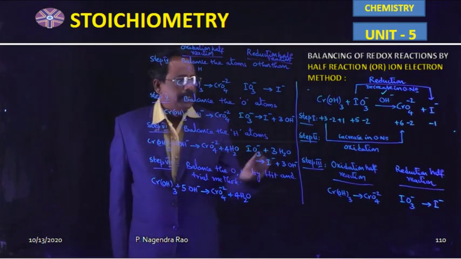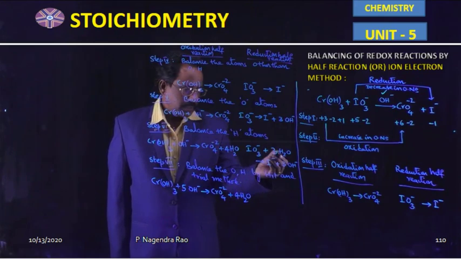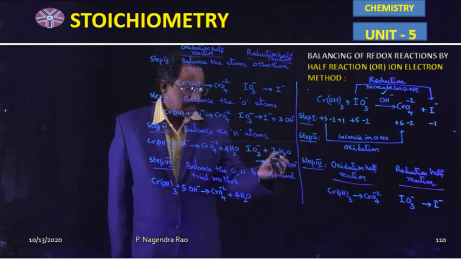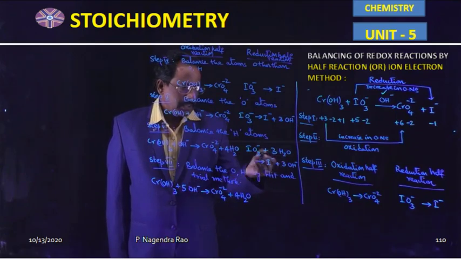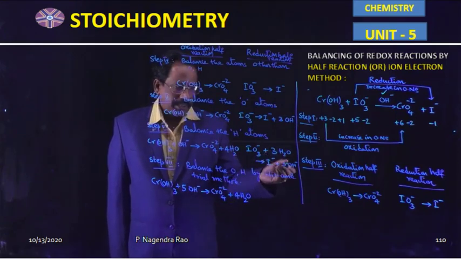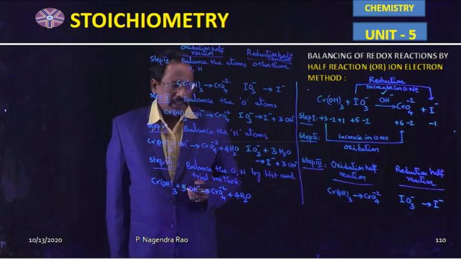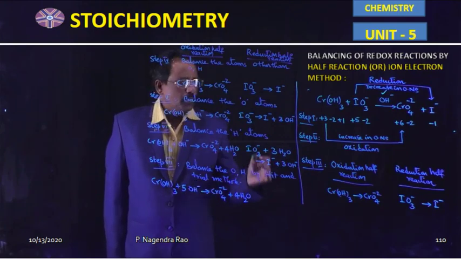Now here there are 6 hydrogens and 3 oxygens, that's why multiply 3 OH⁻ with 2.